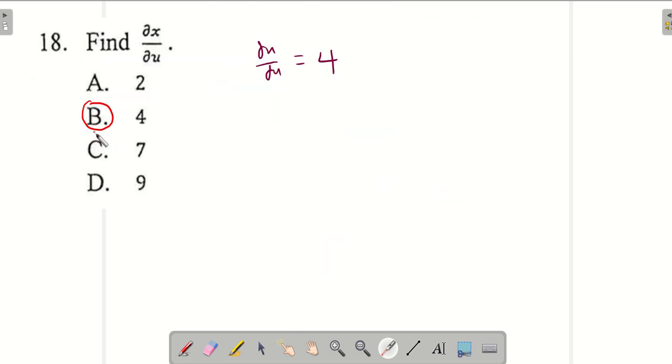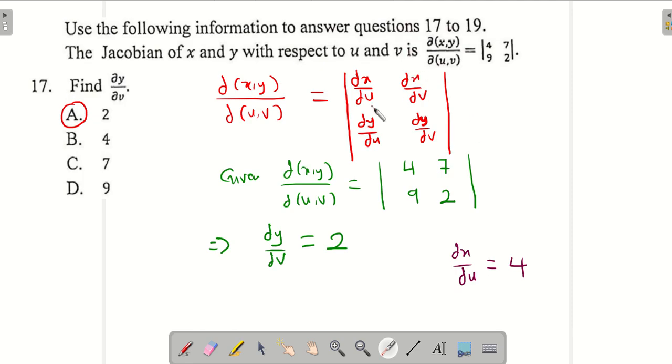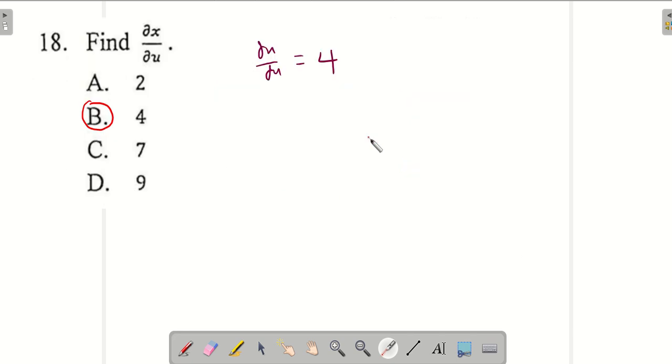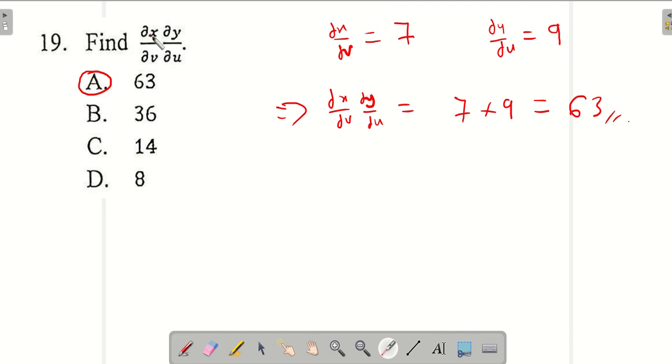Then the next question, 18. dx/du. We know that dx/du is 4. Then 19. We are supposed to find dx/dv and dy/du.